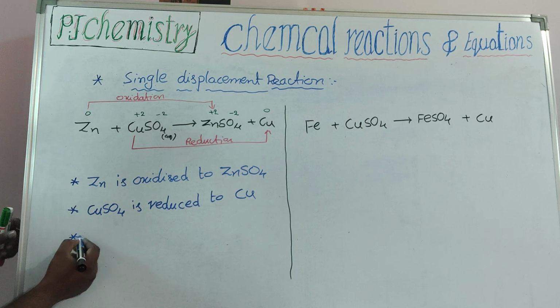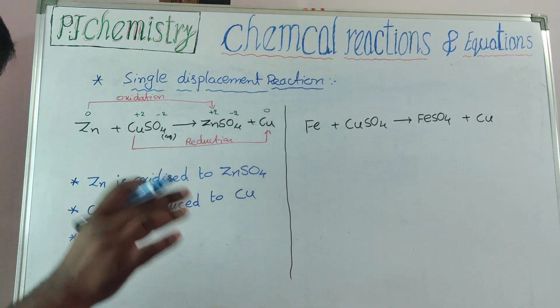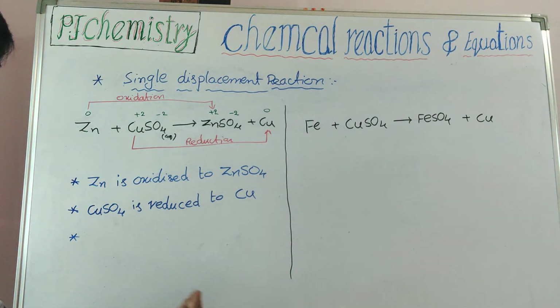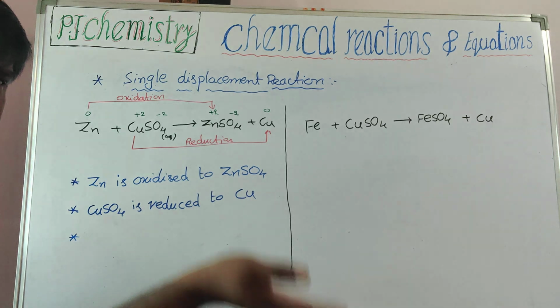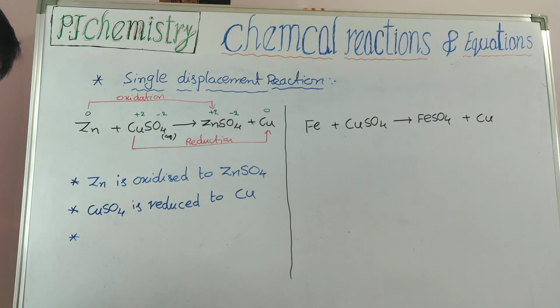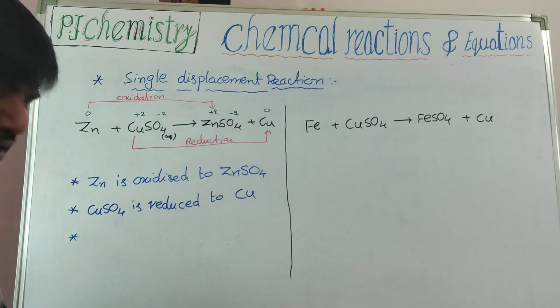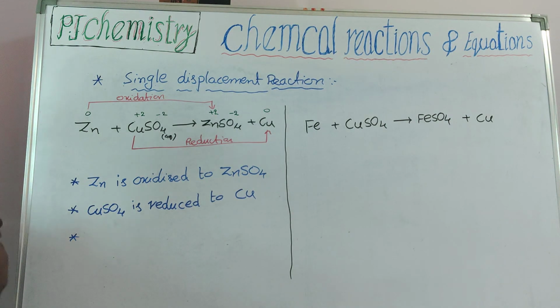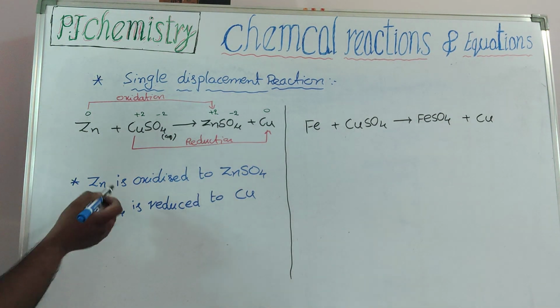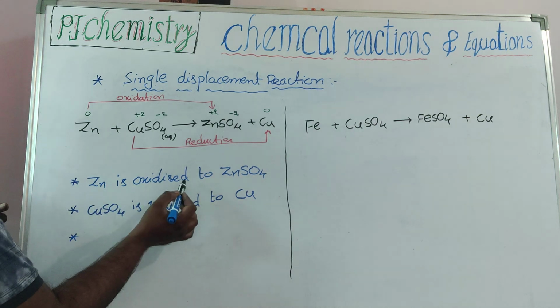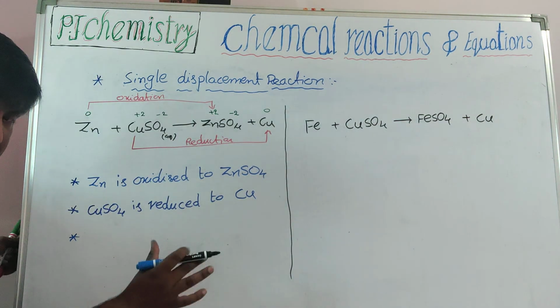Next question, which is the reducing agent, which is the oxidizing agent? If they ask like that, we have to see only the reactant side. Which undergoes oxidation, we call the reducing agent. Which undergoes reduction, we call the oxidizing agent. Here zinc is oxidized, which means zinc is the reducing agent.